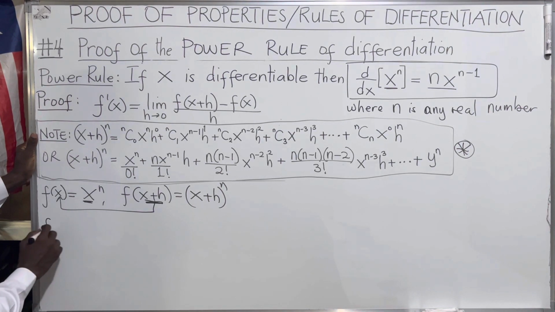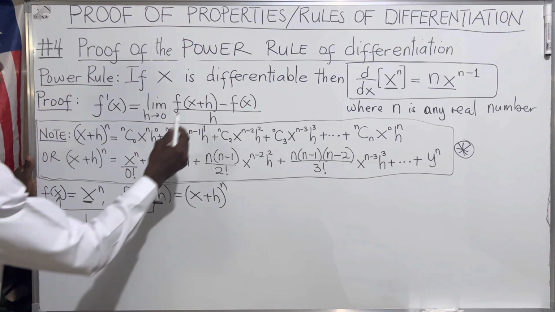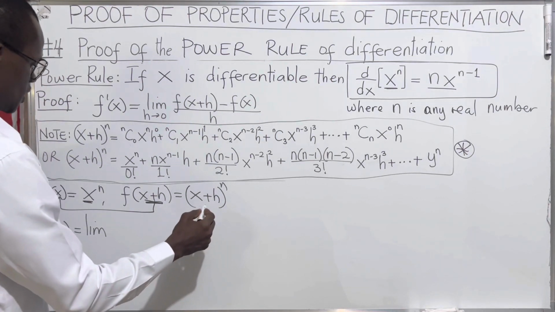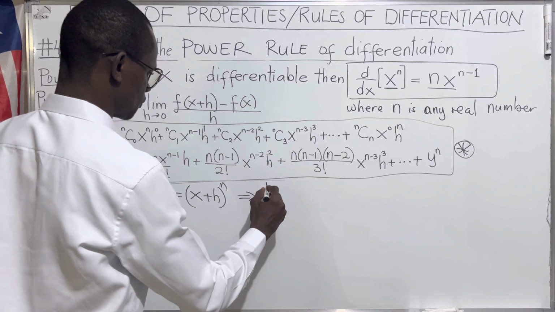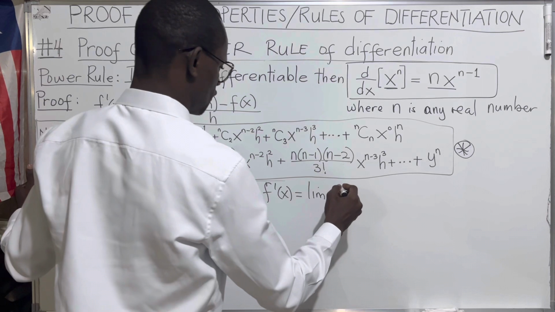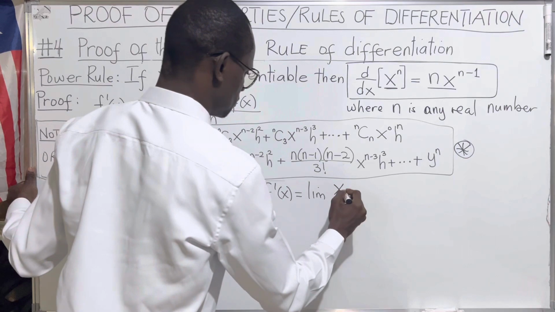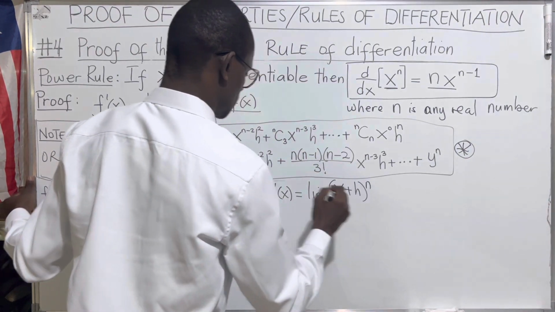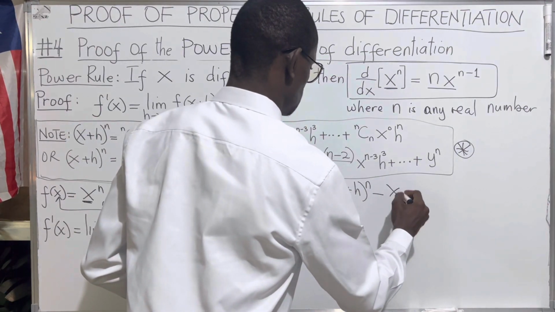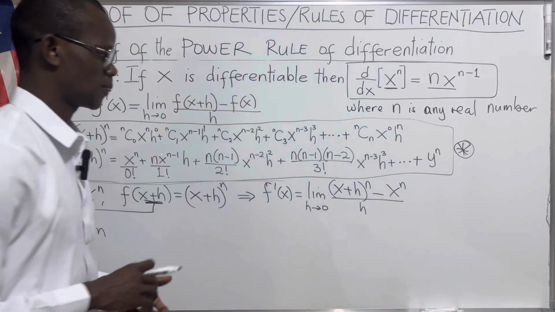So now we have f prime of x is equal to the limit. Now, what is f of x plus h? f of x plus h is just this expression. So f prime of x is equal to the limit of x plus h raised to some n, and then f of x is just x raised to some n, all divided by h, as h approaches 0.